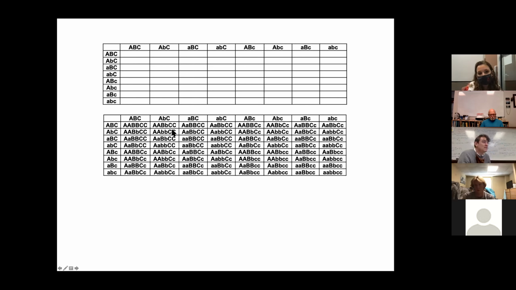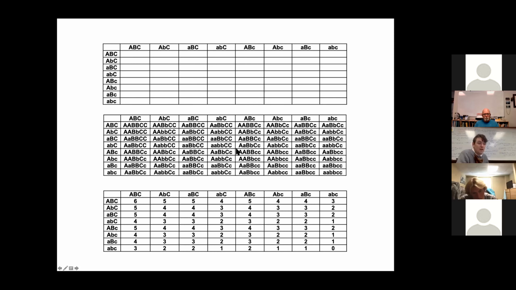So in this second one here, how many dominant alleles are there? First row, second column. 5. Yeah, 5. Good.